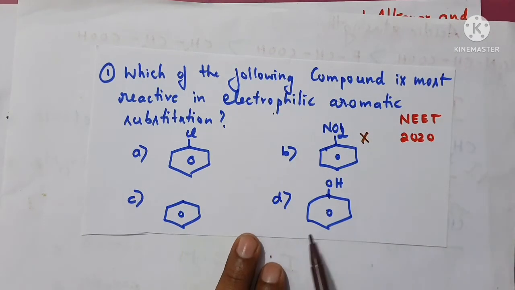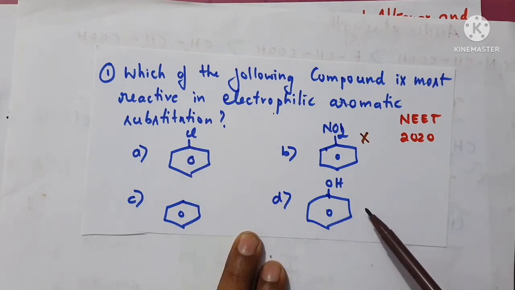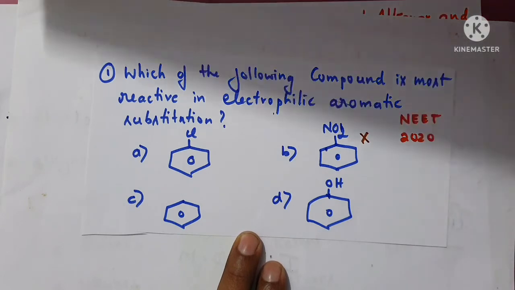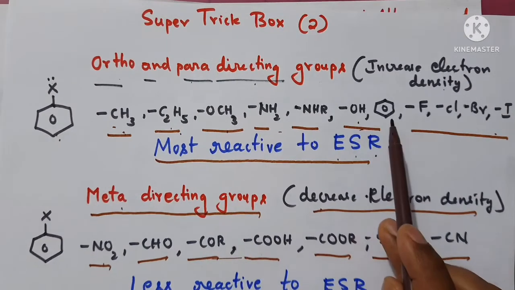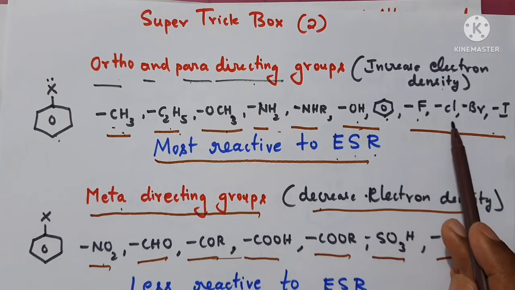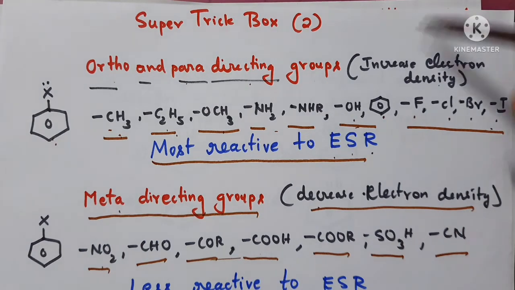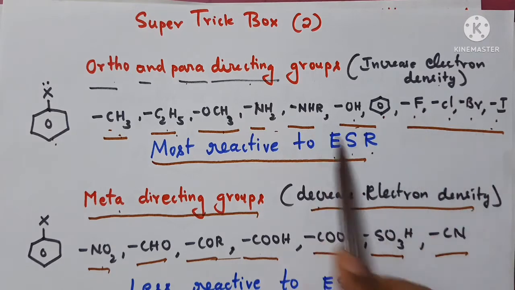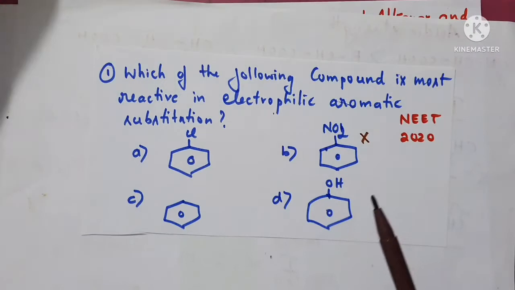Now it's a comparison between the OH, the benzene and Cl. Remember, children, the OH is going to come first. You can observe here, the OH comes first, then comes benzene, then fluorine, then chlorine, then bromine, then iodine. So according to this order, first comes OH.